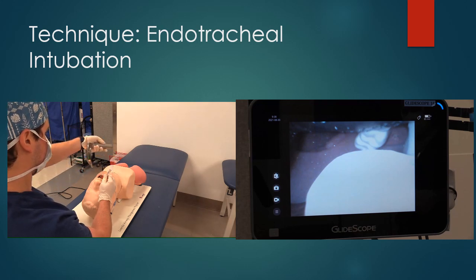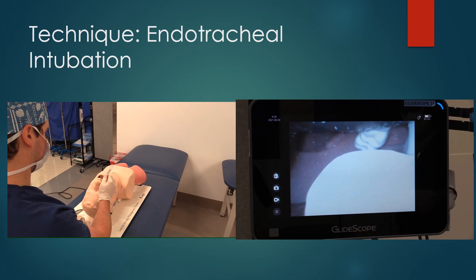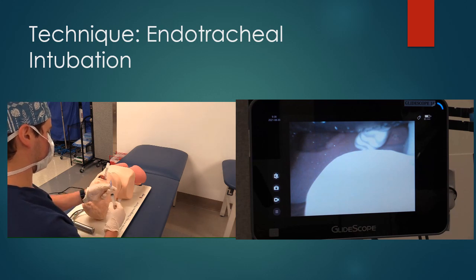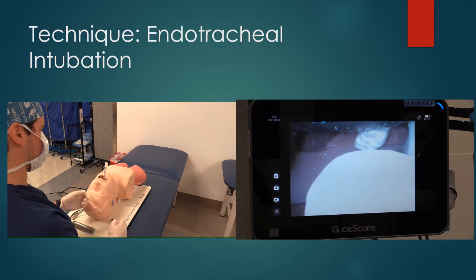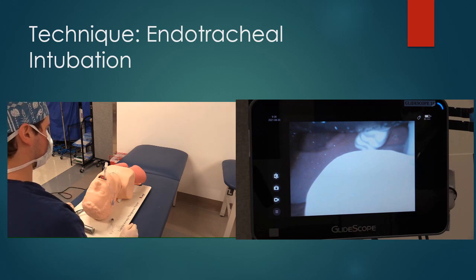At this point, you can attach either the Ambu bag or the anesthetic circuit, inflating the cuff, and then confirming proper placement through auscultation, end-tidal capnography, and the other methods that we've discussed.